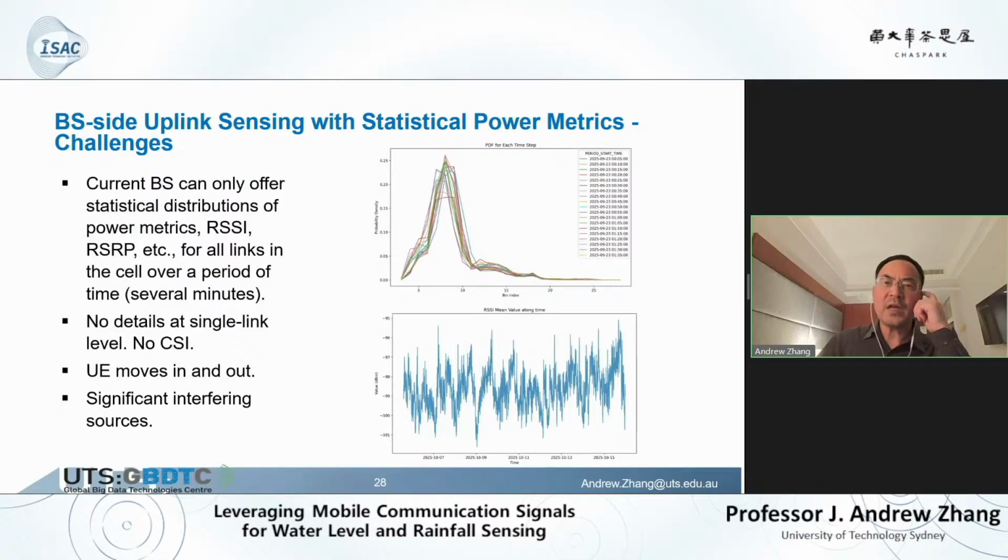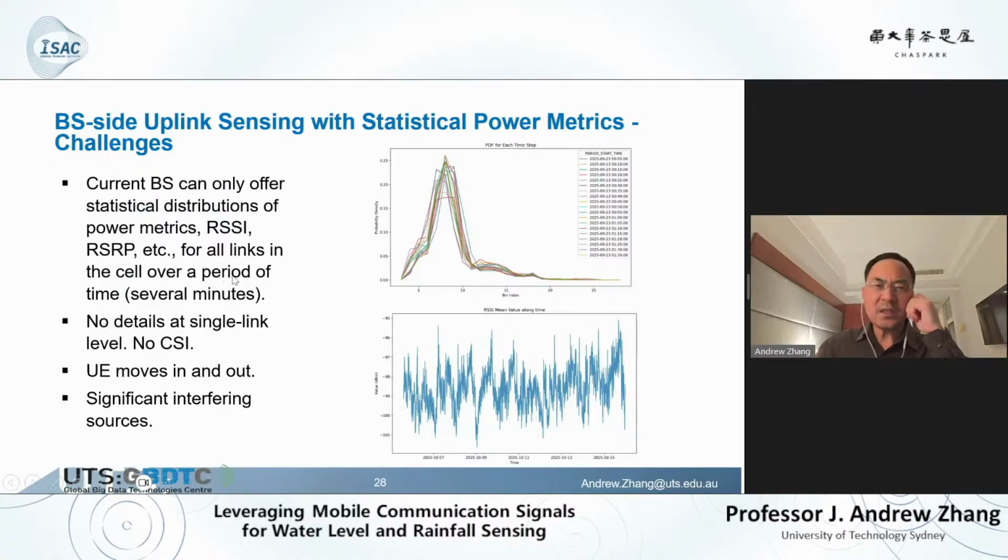What they can offer at the moment is only the statistical distribution across all the devices in the cell. In other words, it's, for example, the probability distribution function or the histogram of the received signal strength or the RSRP, RSRQ, etc.